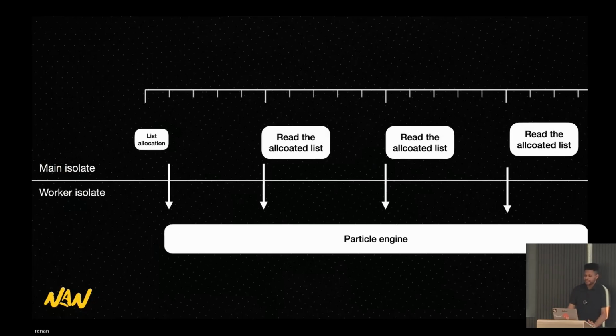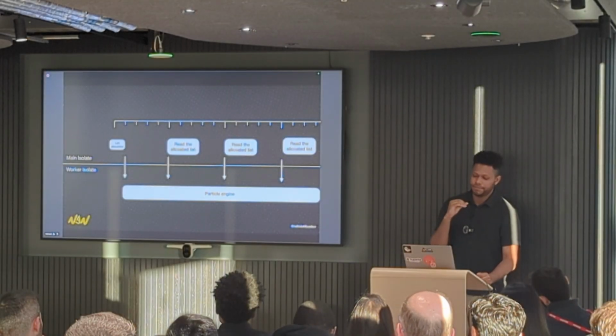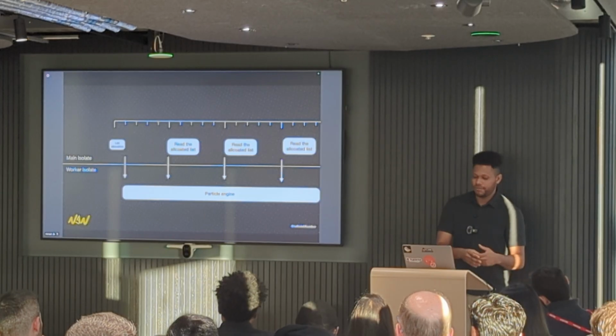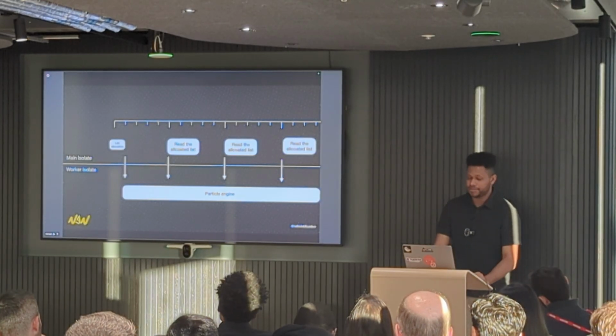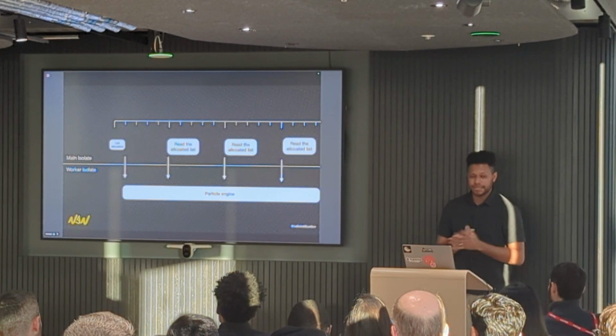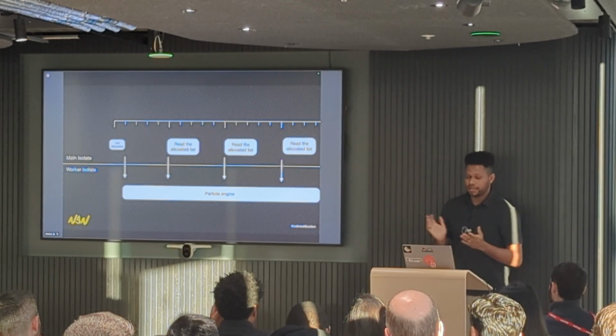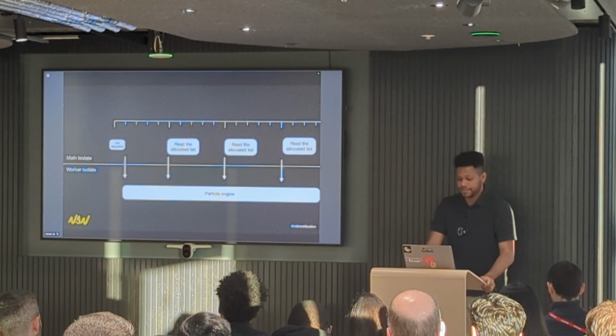If that happens, the main thread will only find the last update of the particles in the list. So we will only have jank in the particle system, in the particle widget, not in the rest of the app. So we don't have jank. It's pretty fast because it's allocating only once. We are not copying values anywhere, and we're just reusing the same address.